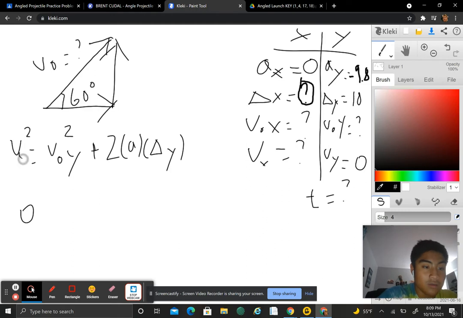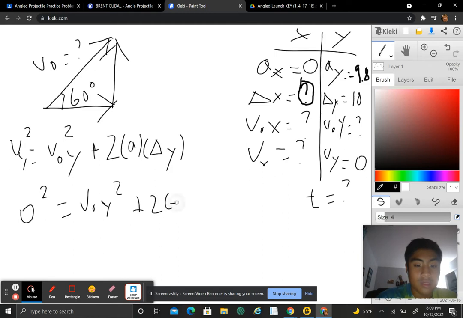Now plug in your variables. V of y is 0, so 0 squared equals v naught y squared plus 2 times negative 9.8 times 10.